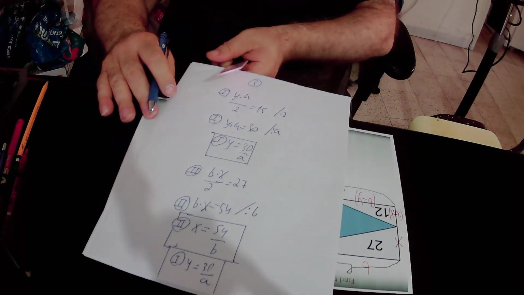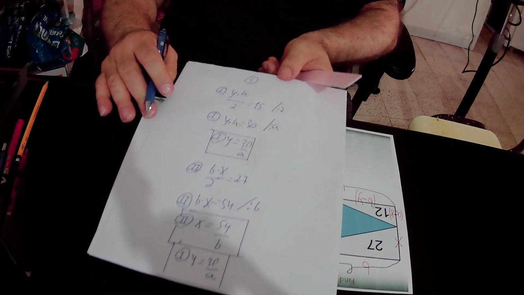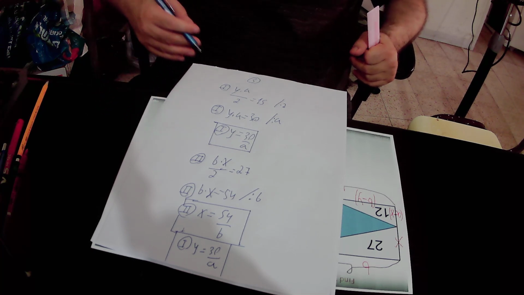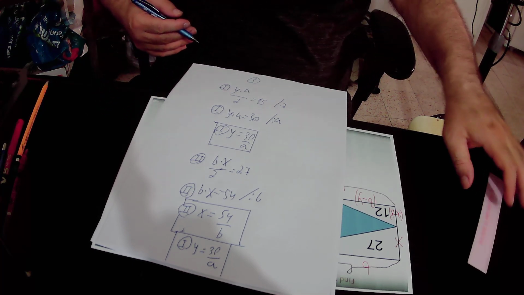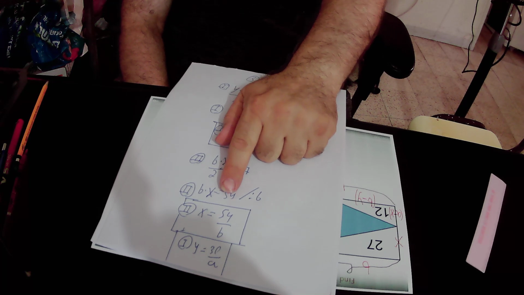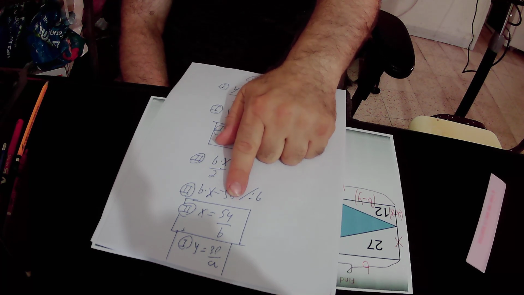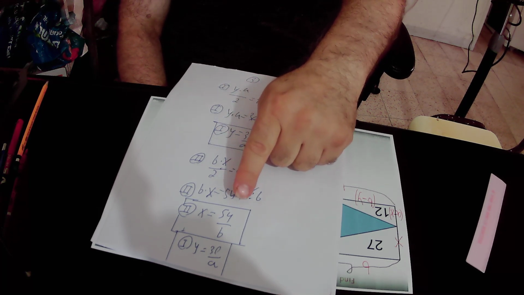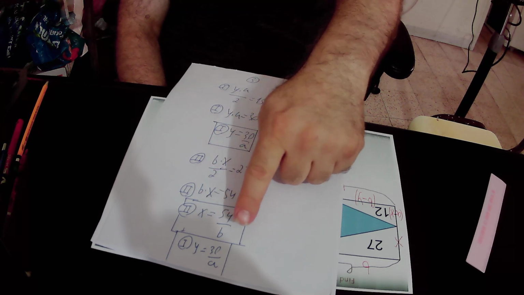So we took x and y out of their equations. We got that x equals 54 over b, and y equals 30 over a.